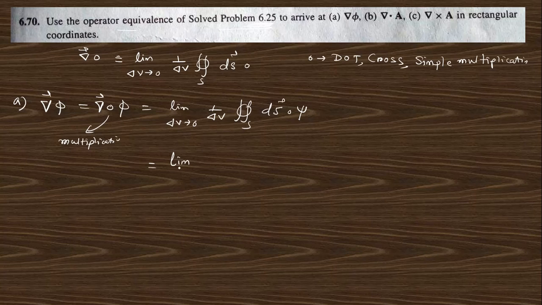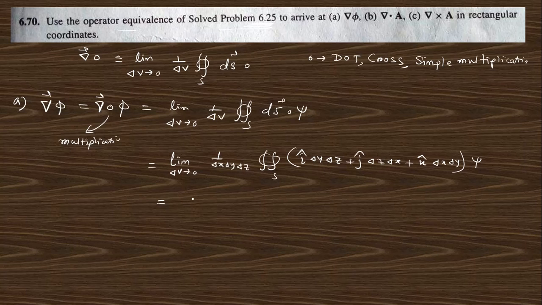So this can be written as 1 by delta x delta y delta z, and ds is nothing but i cap delta y delta z, j cap delta z delta x, k cap delta x delta y, and this is the psi.